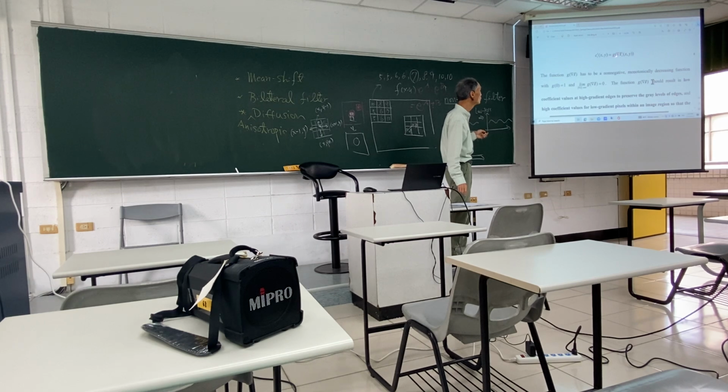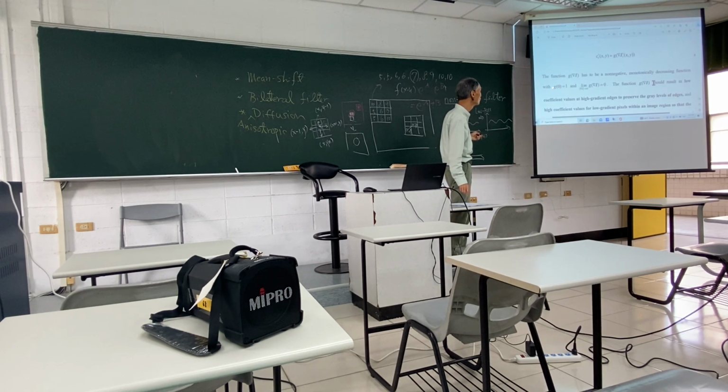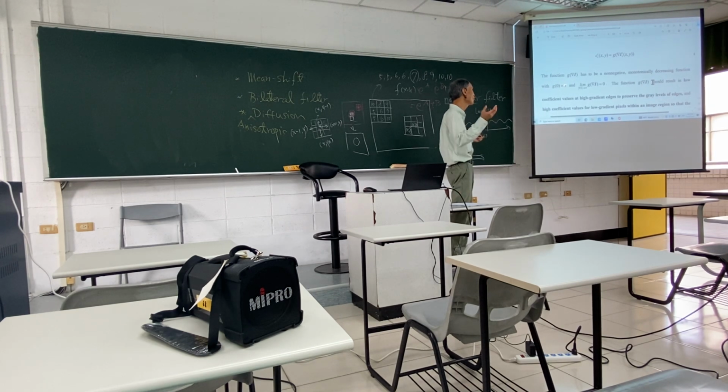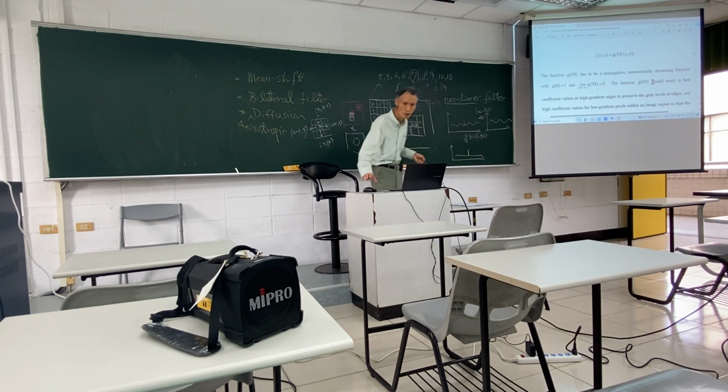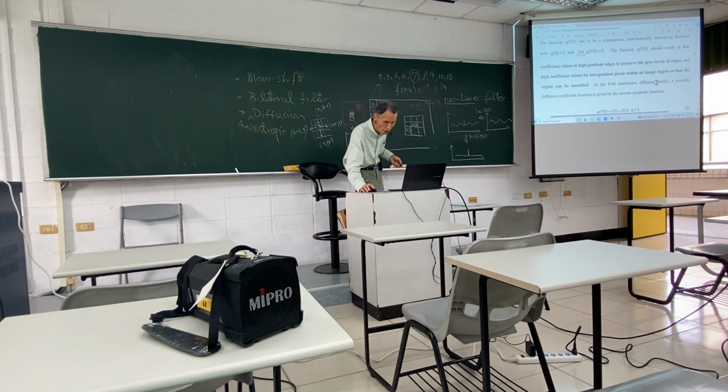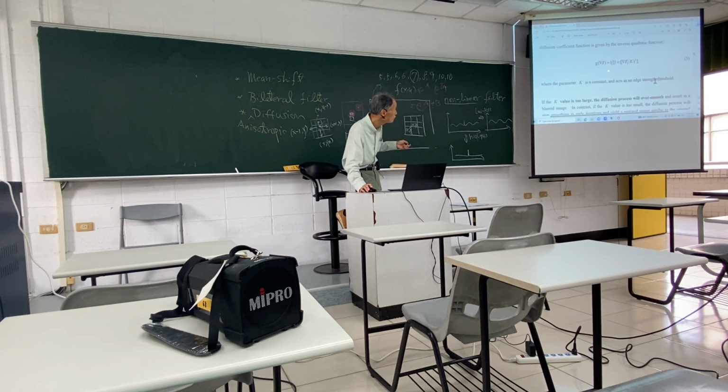If the gradient is 0, then we expect a very high value of 1. Otherwise, we expect the value to be 0. So in the original idea, the g function is simply given by this one. It's inversely proportional with respect to the delta I, the gradient.